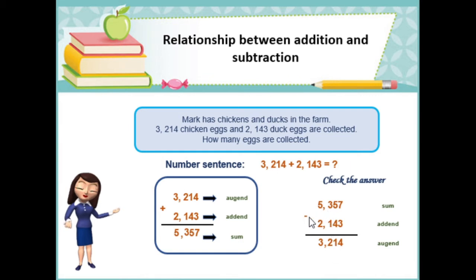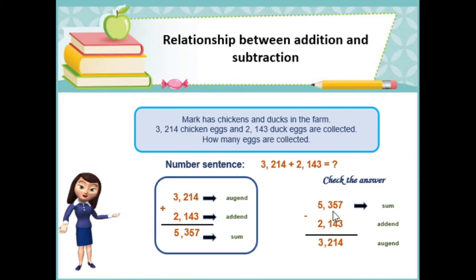And 5 minus 2 equals 3. We have 3,214, which is the same as our original augend. Therefore, it really has a relationship.